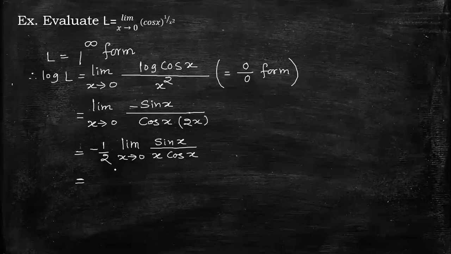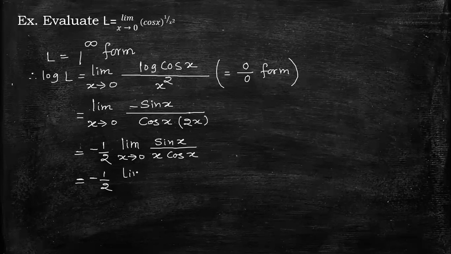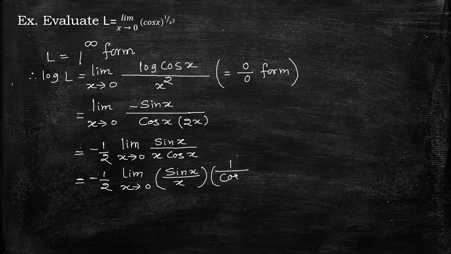So we can understand minus half times sine 0 is 0 divided by 0 into 1. Again you can say that it is 0 by 0 form, but I will say that this is minus 1 by 2 limit x tends to 0 sin x upon x, and this is 1 upon cos of x, and the answer is equal to minus 1 by 2.